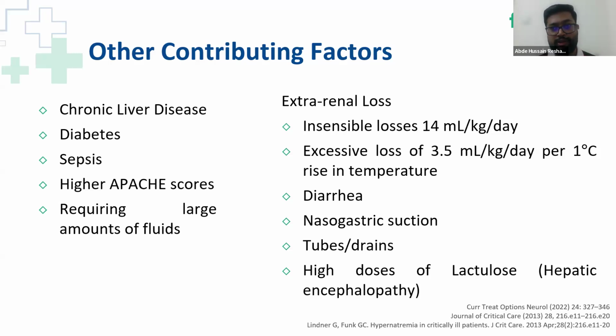Diarrhea, sometimes, there are so many medications that are going on, or an infection that can lead to diarrhea, nasogastric suctions, any tubes or drains, high output tubes, also drains can lead to this. High doses of lactulose, so again, that more amount of osmotic elimination of water can further lead to hypernatremia, especially when we use it in higher doses for cases like hepatic encephalopathy.